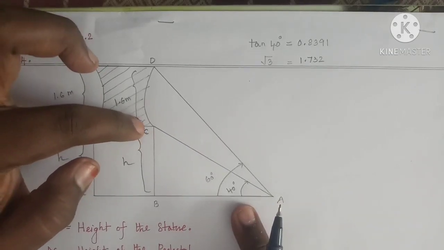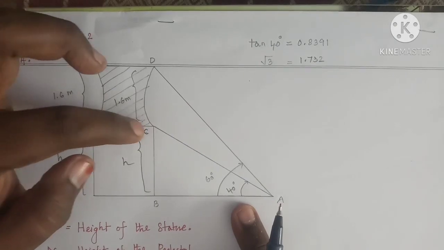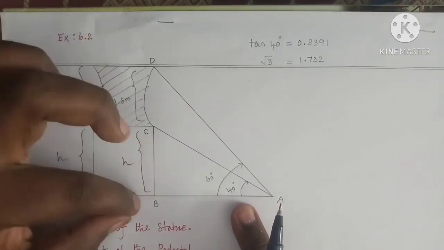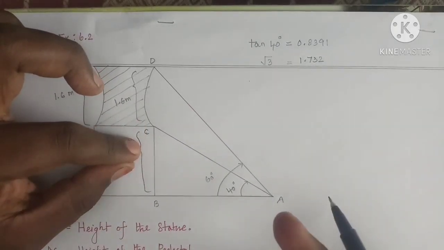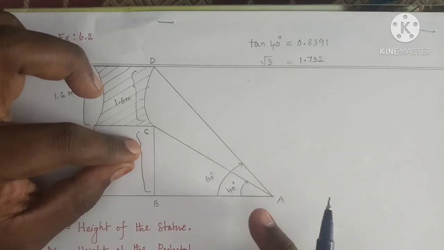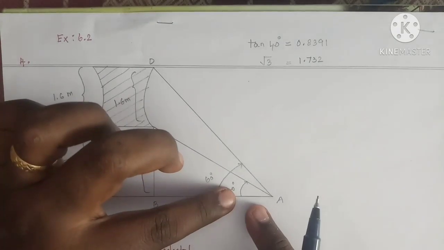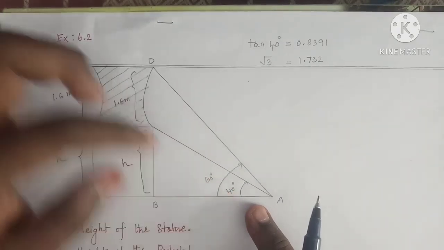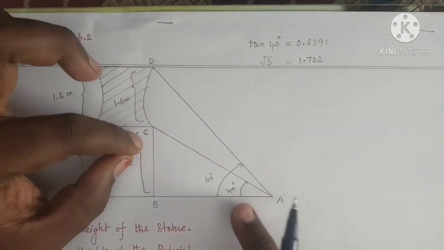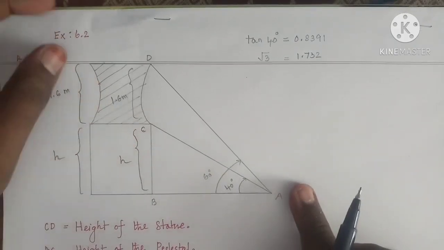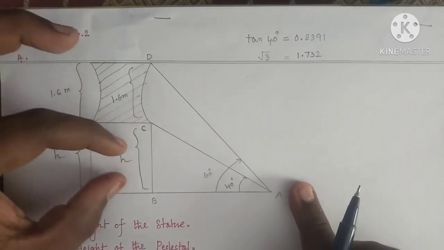This is the bottom of the statue, but it is also the top of the pedestal. We may be asked either way. If they ask about the top of the pedestal, it means the same as the bottom of the statue, that is also 40 degrees. Now we are going to find the height of the pedestal, H.